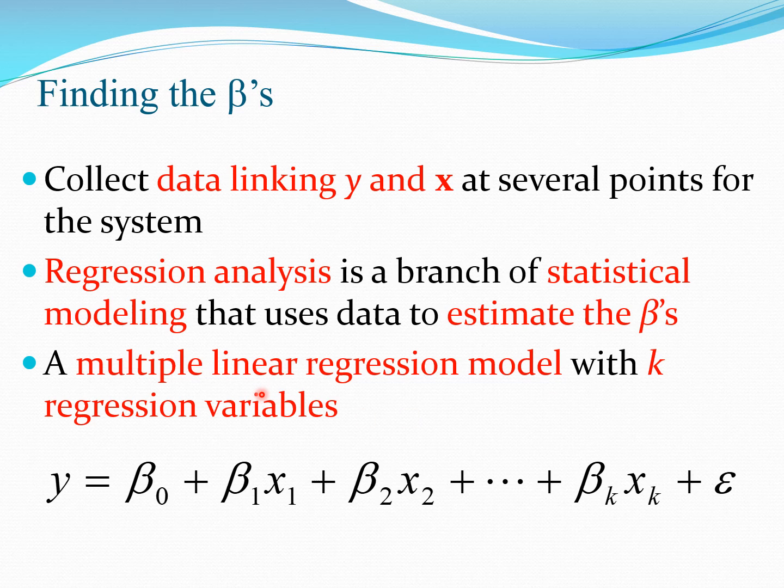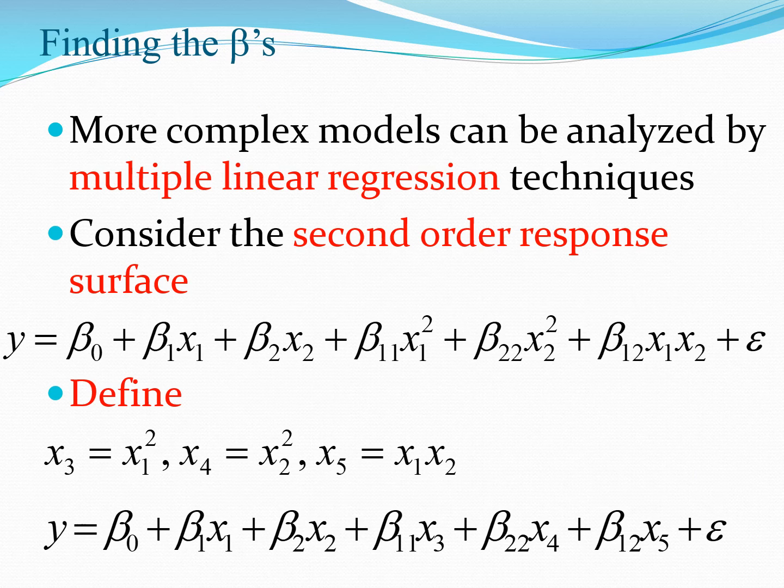Now, a typical multiple linear regression model with k regression variables would have this form here. So we have the response surface here and we have an error term here, epsilon. We then extrapolate it to the quadratic surface. Again, if you look at the quadratic surface here, you may think that these squared terms would cause some problem, but actually these squared terms can be replaced with new variables x3, x4 and x5.